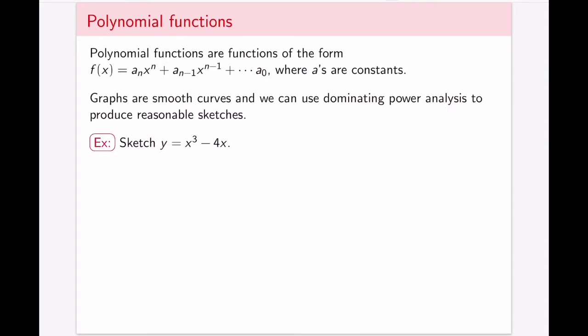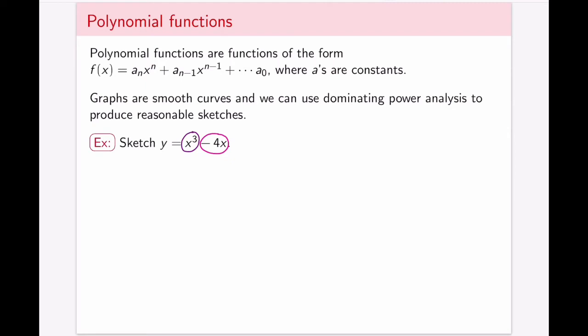x cubed minus 4x. As before, we're going to think about the behavior for small values of x and the behavior for large values of x. Remember that for small values of x, the small power dominates. Here I have two terms to pick from, x cubed and 4x with a negative in front of it. So this comes as one term, and x cubed comes as its own term. Between these two terms, one has the higher power than the other, so they will differ in the regions of x that they dominate.